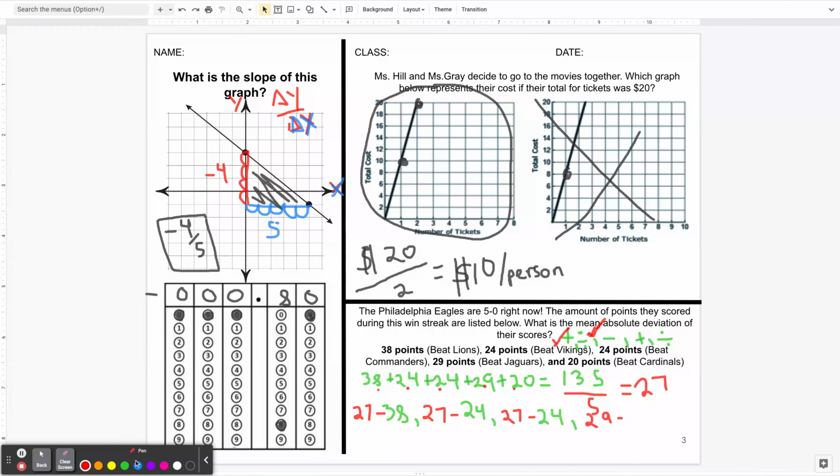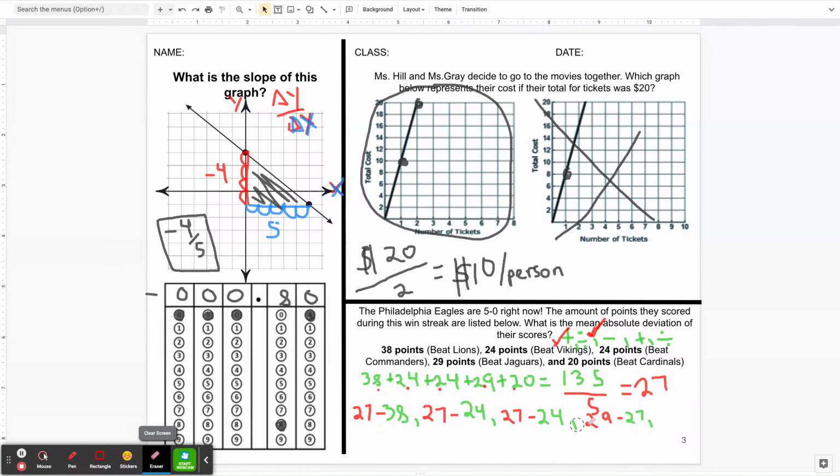So 29 minus 27. And then the last one was 20. Oh, I messed that one up. Let's see if I can. I don't think I can, unfortunately. Oh, there we go.